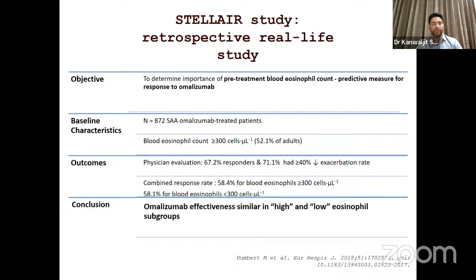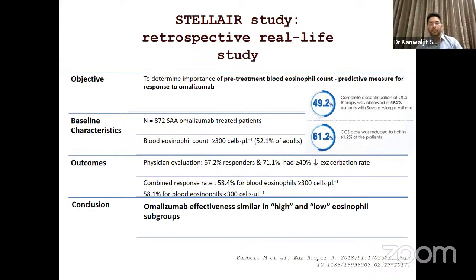So the outcome of this study was that the combined response rate was 58.4% for blood eosinophils more than 300 and 58.1% for blood eosinophils less than 300. So omalizumab is effective, and the effectiveness is similar in both high and low eosinophil groups.